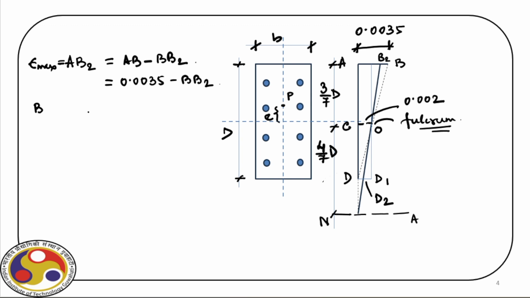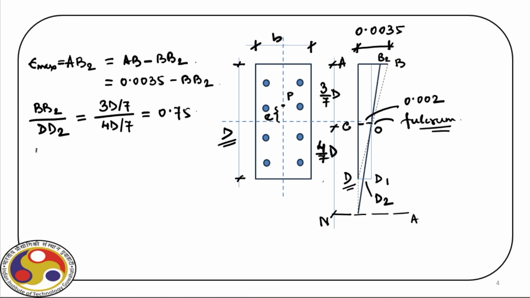Now, again, if you look at the strain diagram, what we have is BB2 divided by D2. Do not get confused with this D and this D here. This is the point at this corner. So this is equal to 3D by 7 divided by 4D by 7. So ultimately this is 0.75.